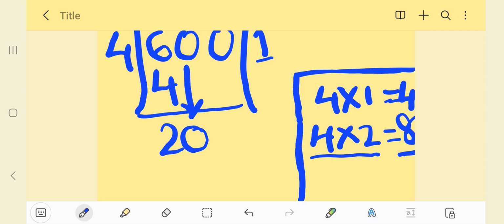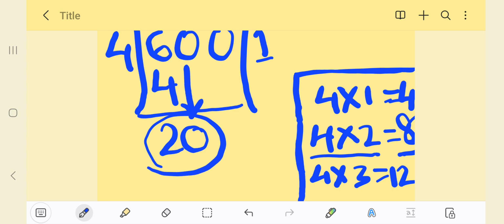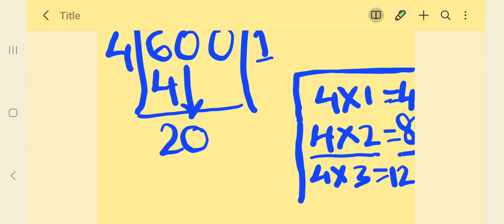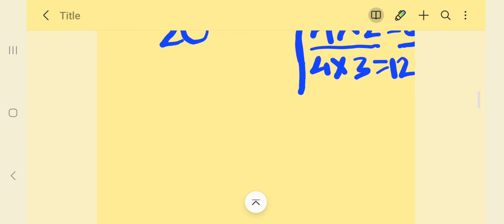Can we go to 4 times 3? 4 times 3 we get 12, still less than 20, which is fine. We are looking for a number that is less than 20 or equal to 20. That's the idea of this times table.